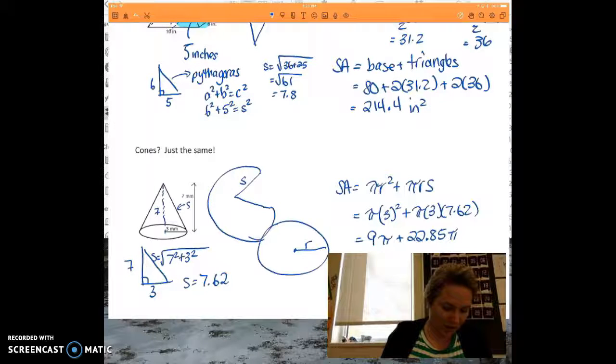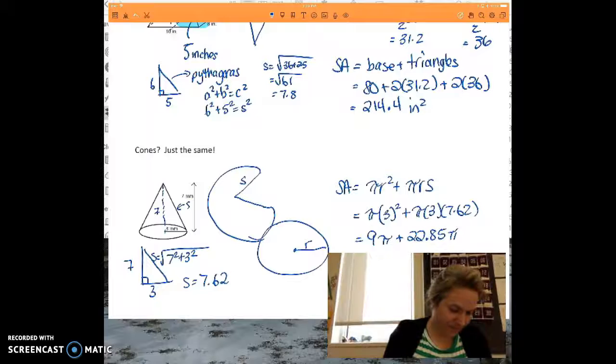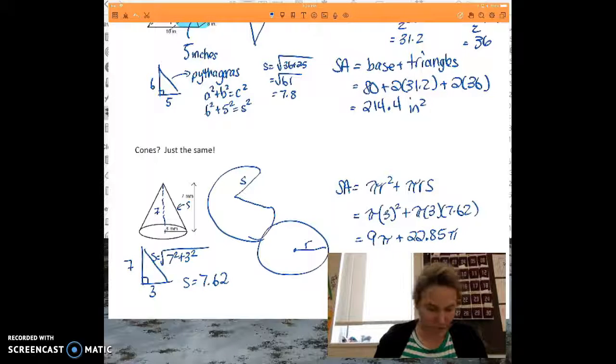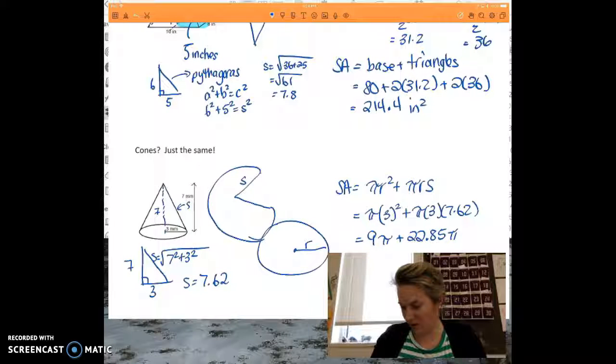Then we can finish that: 9 pi plus 22.85 pi gives us 100.05, which is 100.1 millimeters squared. Remembering that surface areas are always squared, not cubed, because they're two-dimensional, not three-dimensional.